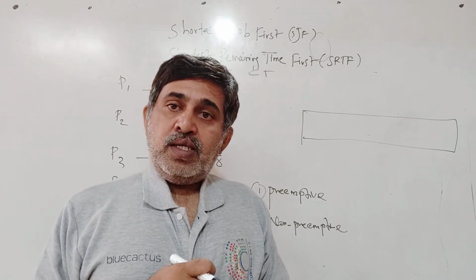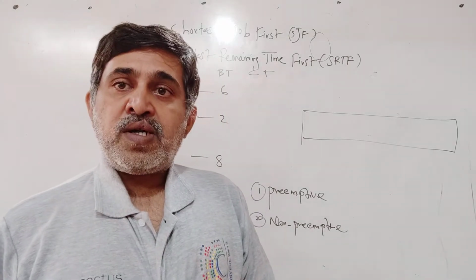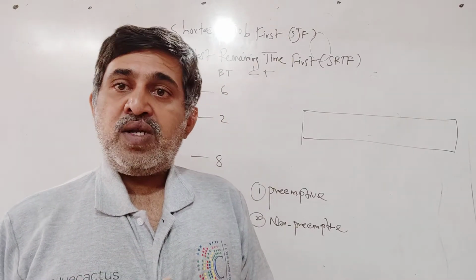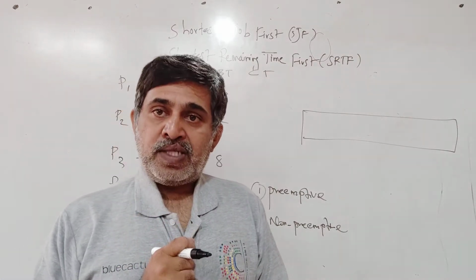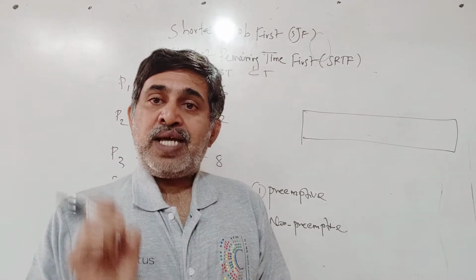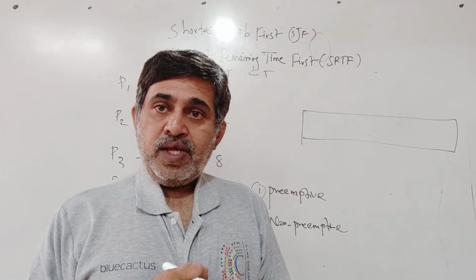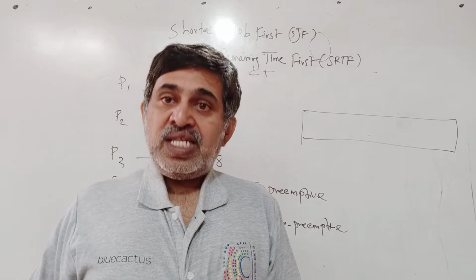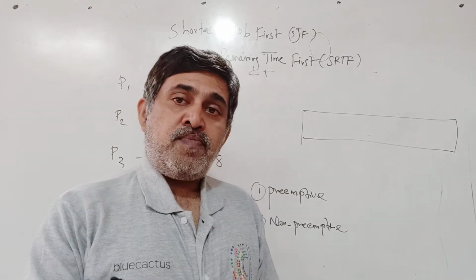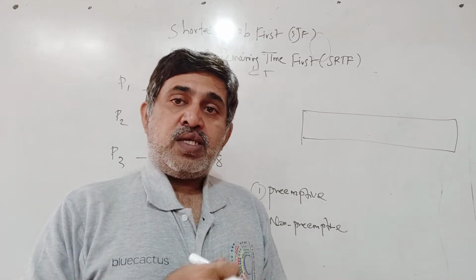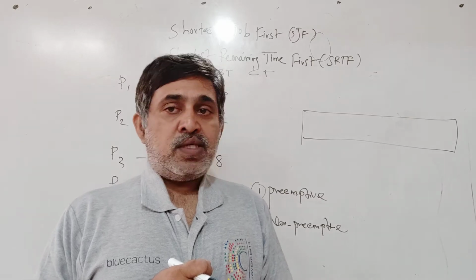So preemption is when CPU will stop execution of the current process since it is having lower priority and take up the higher priority process for execution. And non-preemption is the method where CPU will completely execute the process which is currently there in CPU, and then only take up the next higher priority process for execution. Once a process is submitted to CPU, CPU will completely execute it. So where there is no preemption happening, it is a non-preemptive method.